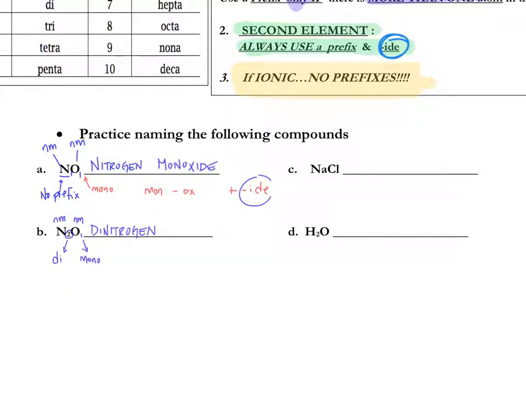So instead of mono oxygen, it would just be MON and then OXIDE. So remember that we're losing the YGEN and replacing with IDE. So mono oxygen becomes monoxide.